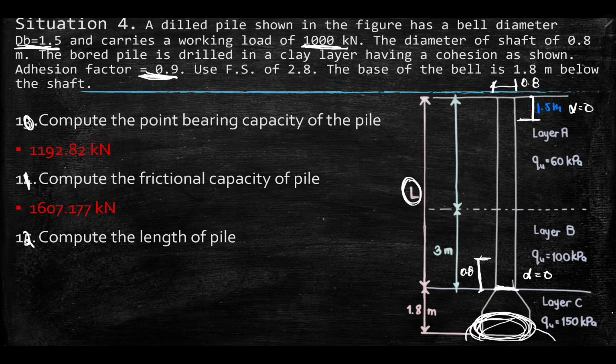Okay? So, ilagay ko dito yung formula for skin frictional capacity, which is c times alpha times p times L, di ba? Considering may several layers tayo, therefore, summation of c alpha p L. So, ano nga ba yung magagamit natin na layer dyan? Since 0 naman tong ating alpha dito sa layer na to, hindi natin magagamit yan.